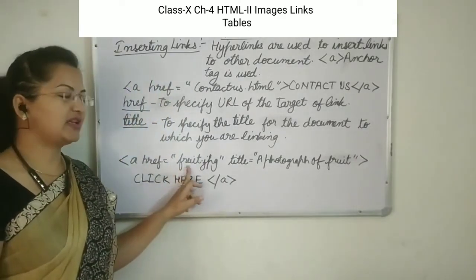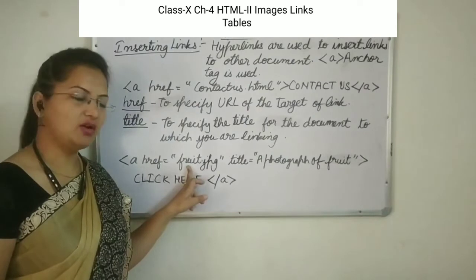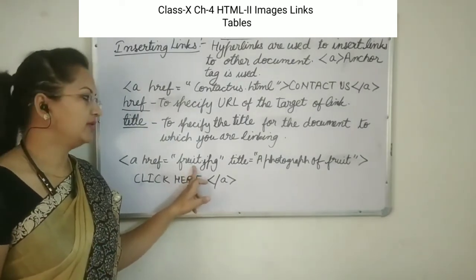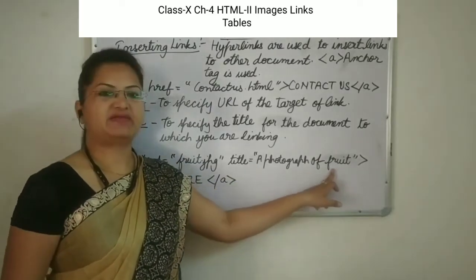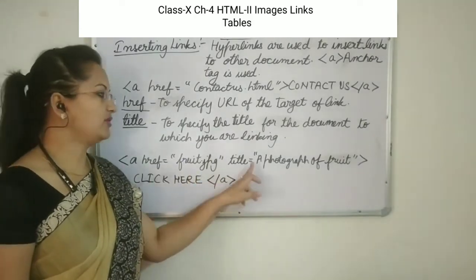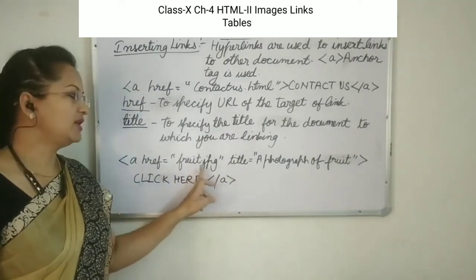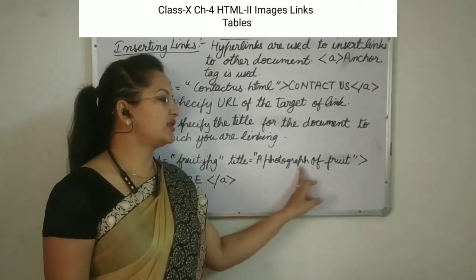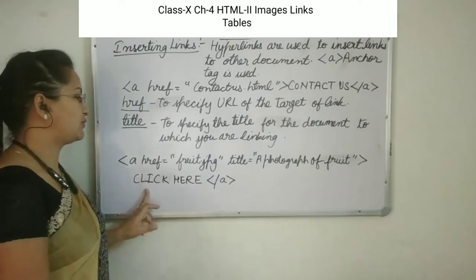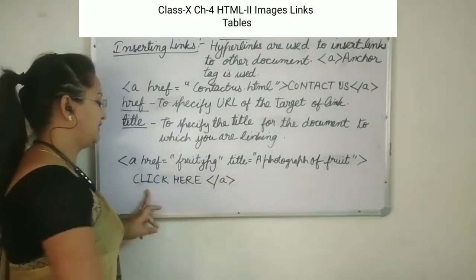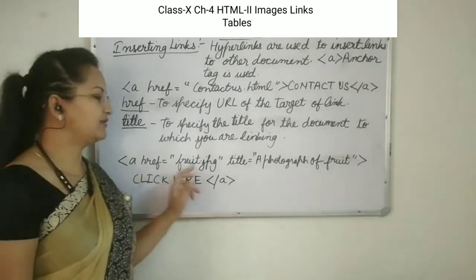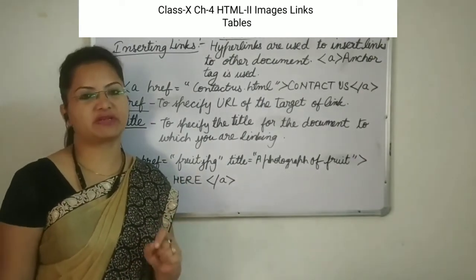The picture name is your picture name which is there in the computer, or you can download it from the internet and specify the picture name here. In title you can specify any title of your choice depending on the page. Got it? So the fruit.jpg picture will open. So a photograph of fruit I have written here. Now this is the text you will be able to see. You will not be able to see this. Simply you will be able to see, click here, and when you click on it, the picture will open. The fruit.jpg picture will open.